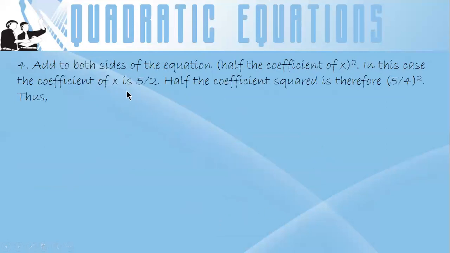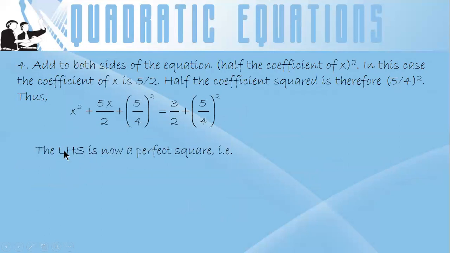So you divide it by 2. The result is 5 over 4. Then you square it and you have this. Right? Add to both sides. And then the LHS, the left-hand side, is now a perfect square.